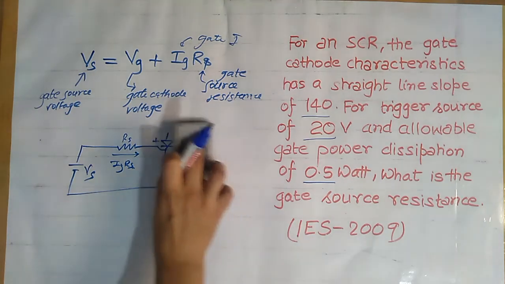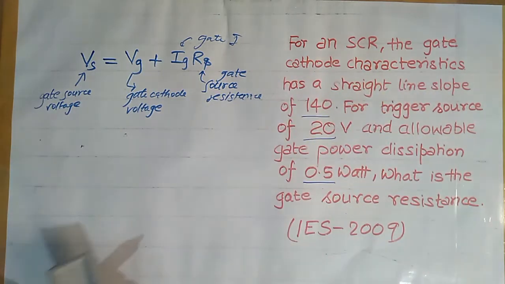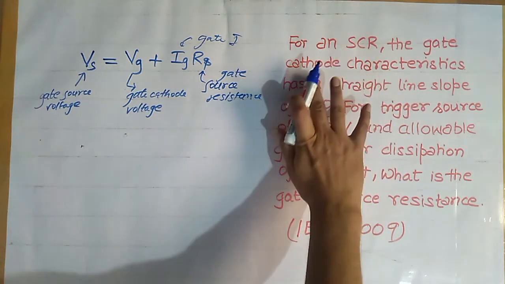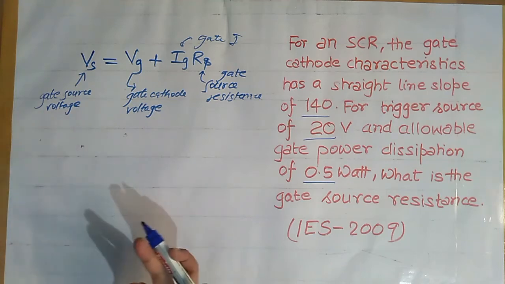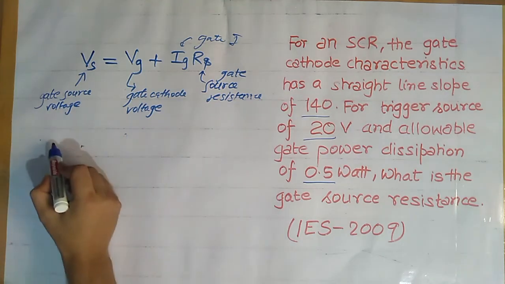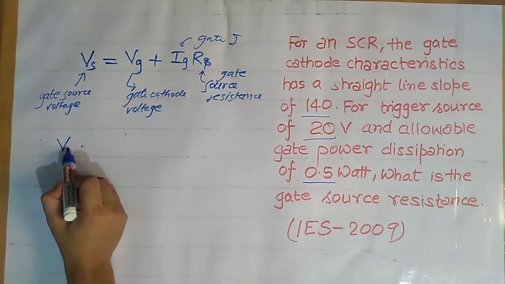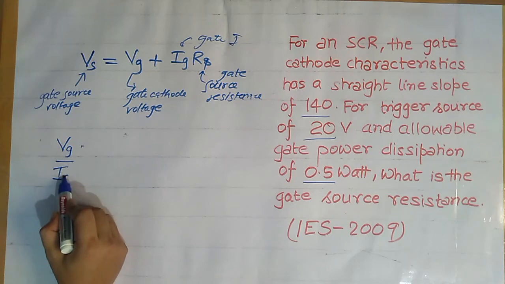Okay, now see the question. The question says that the gate cathode characteristic has a straight line slope of 140. Gate cathode characteristic here means the V-I characteristic. And what is the slope of the V-I characteristic? That is equal to V upon I. For the gate cathode circuit, V is equal to Vg and I is equal to Ig.